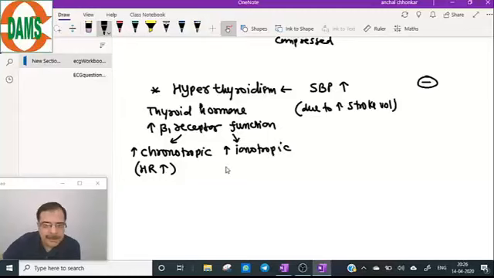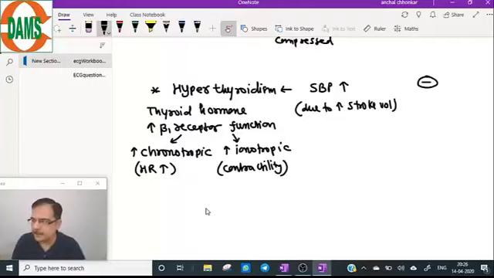Inotropic means contractility increases. Contractility means stroke volume. Stroke volume is increased. So this is how hyperthyroidism leads to elevated systolic BP. Now come to the number third cause.